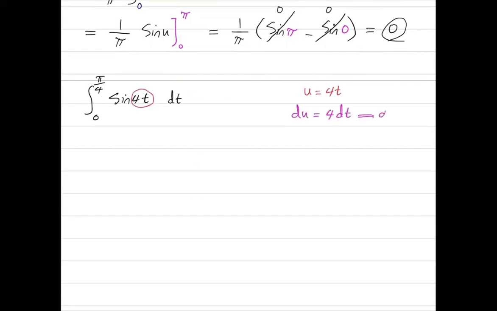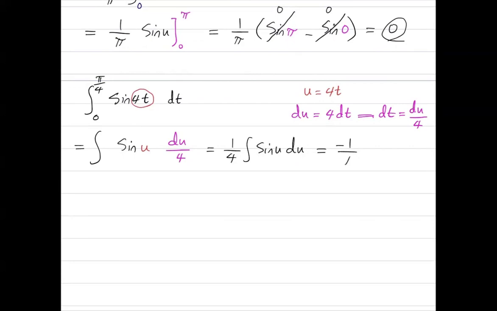So dt can be written as du divided by 4. So this integral in turn can be written as the integral of sine of u, and dt is du divided by 4, which is equal to 1/4 integral sine u du, which is equal to -1/4 cosine u.